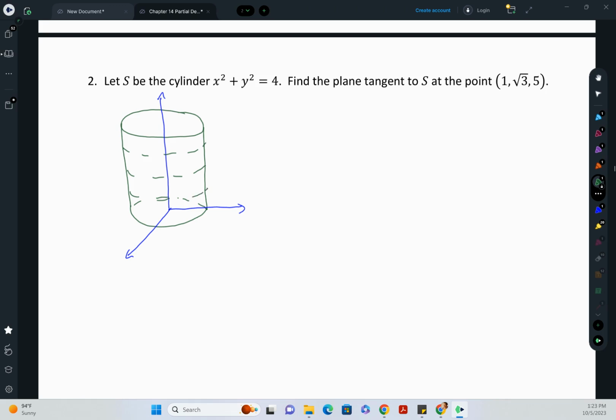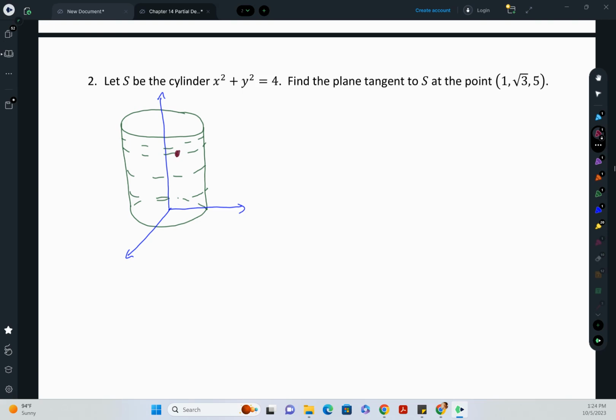It is running parallel to the z-axis, and it has a radius of 2. It is centered along the origin. And our point P, 1, root 3, and 5, is in the first octant, somewhere along here. Let's see, we're up high on Z, so I'm going to place it right here and just know that this is in the first octant, okay?